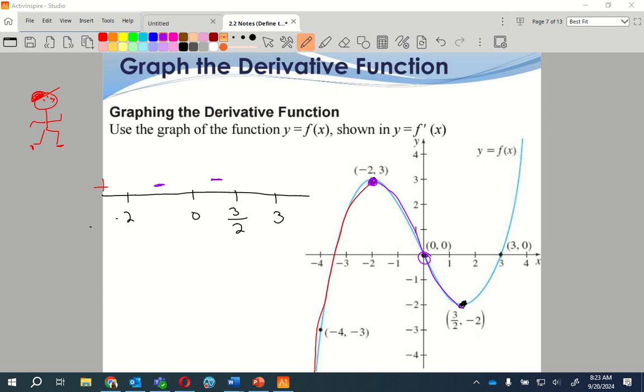Now, on the other side of 3/2, what's he doing? Is he climbing again, right? He's going back up. There you go. He's going back up.